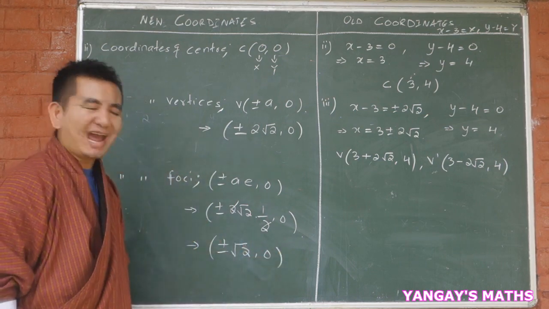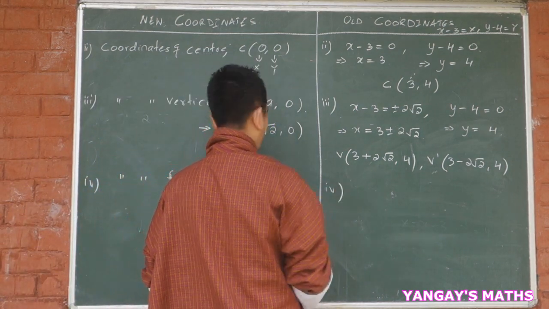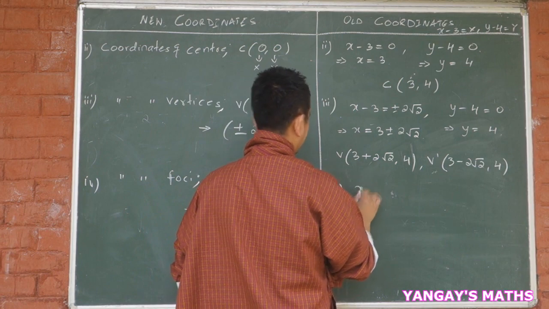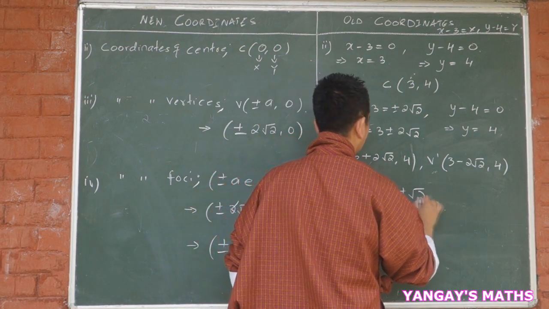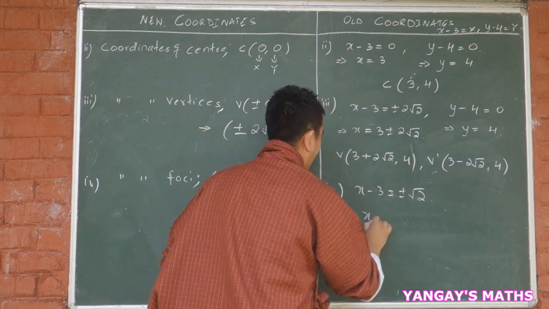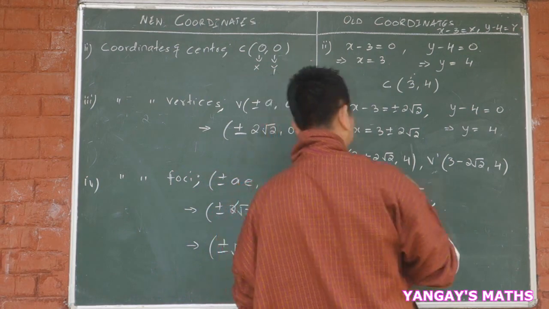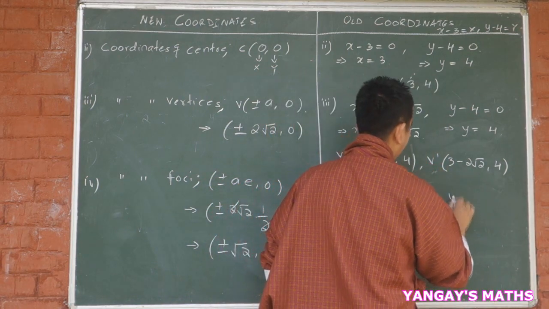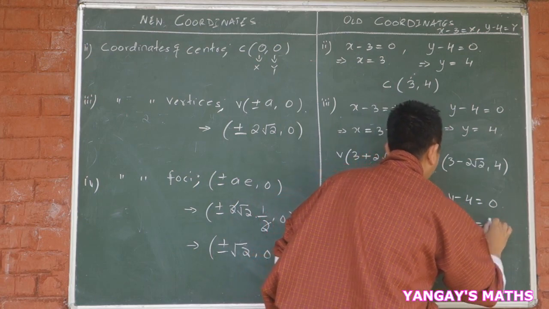This becomes capital X value. This becomes capital Y value. Number 4, we have here X minus 3 is equal to plus or minus root 2, or you can write X is equal to 3 plus or minus root 2. Similarly, for capital Y value, we have Y minus 4 is equivalent to 0, implies Y is equivalent to 4.